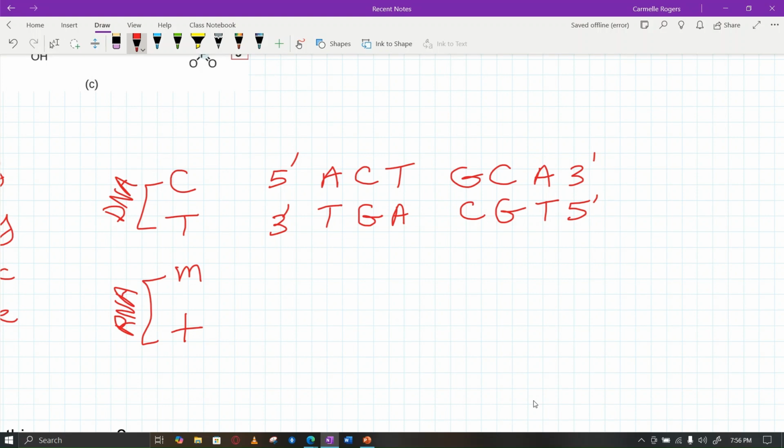If we use the template strand and go to the messenger RNA, those would be complementary. We have 5 prime. With the messenger RNA, remember it is a type of RNA, so it's going to have uracil and not thymine.